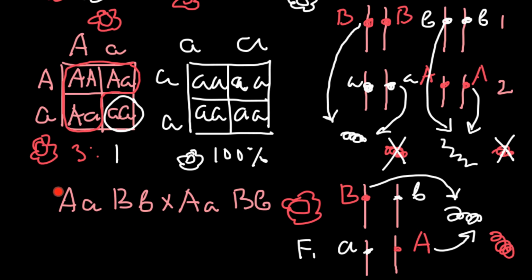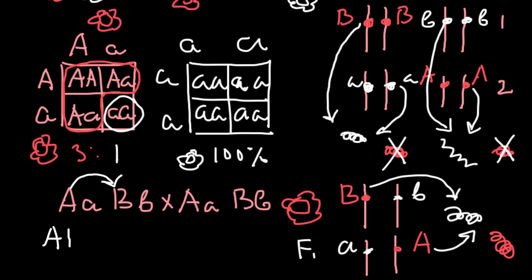Let this be, for example, parent 1 and this is parent 2. As you see, genotypes are the same, so both these parents would produce the same type of gametes. And what variants of gametes we may have here? We may have capital A and capital B here.